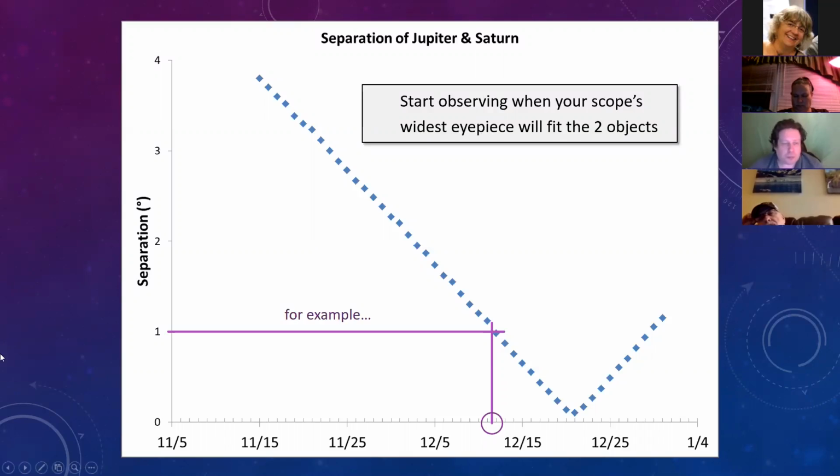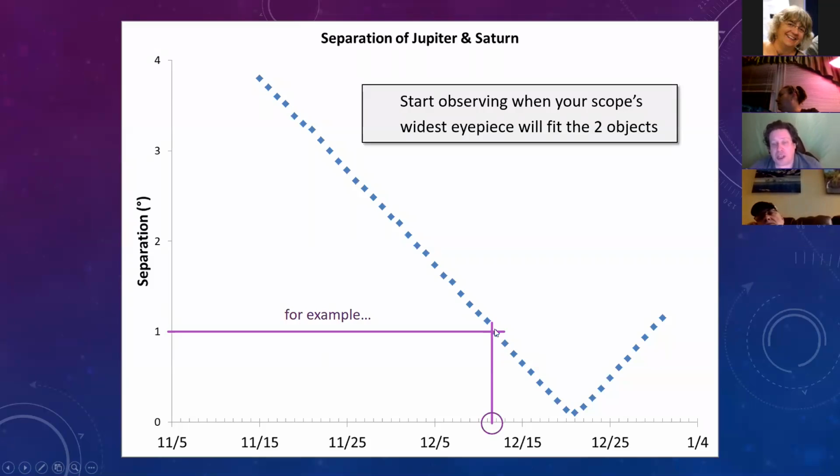For example, if you have a telescope that has a 1-degree field of view, and I'll talk in the next slide about what that means, you'll be able to fit Saturn and Jupiter in the view around December 11th or 12th. From this point onwards, Saturn and Jupiter will both be visible within the telescope.